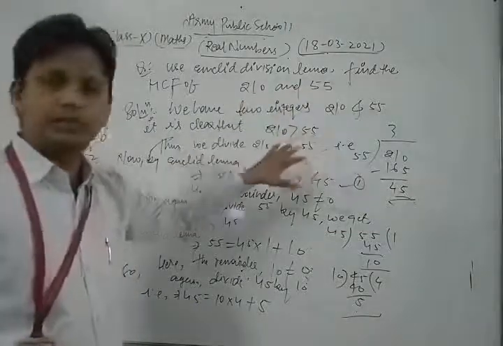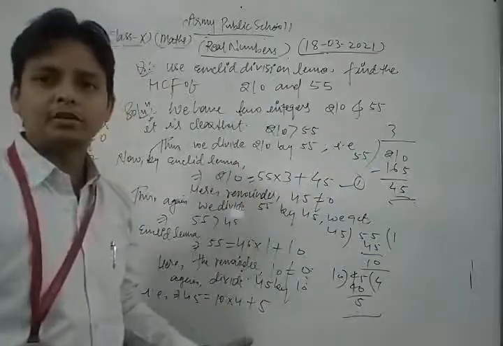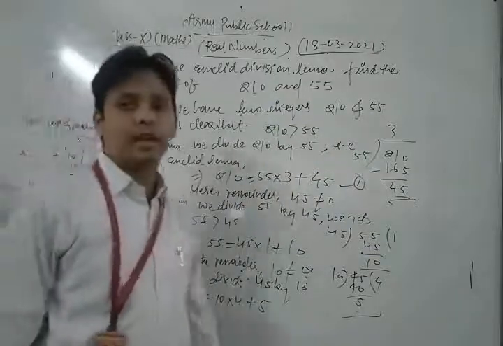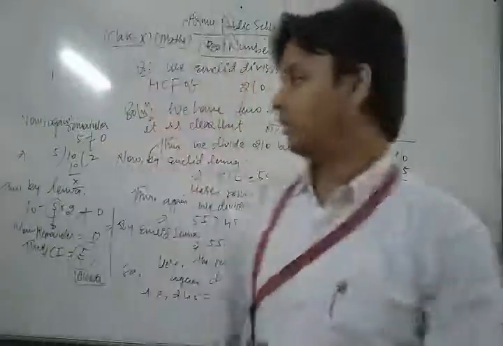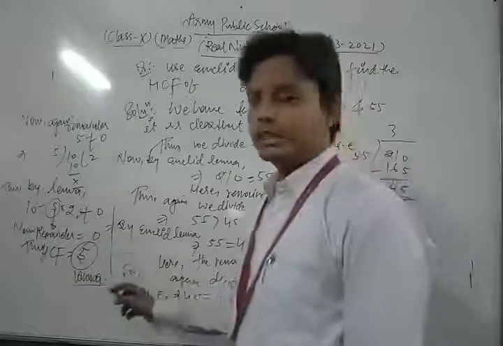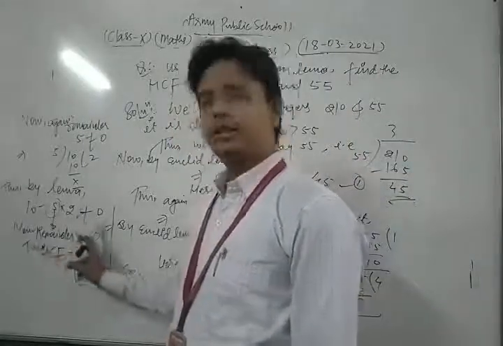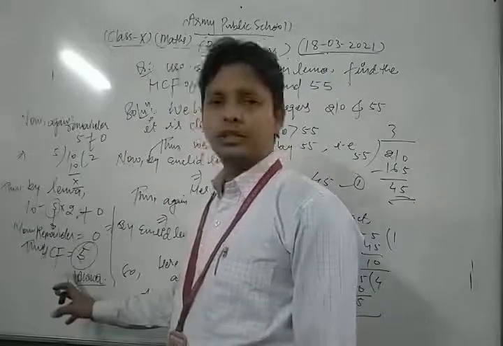Then we apply the Euclid division lemma, and continue this process until the remainder becomes 0. When the remainder becomes 0, the last divisor is the required HCF of the given numbers.